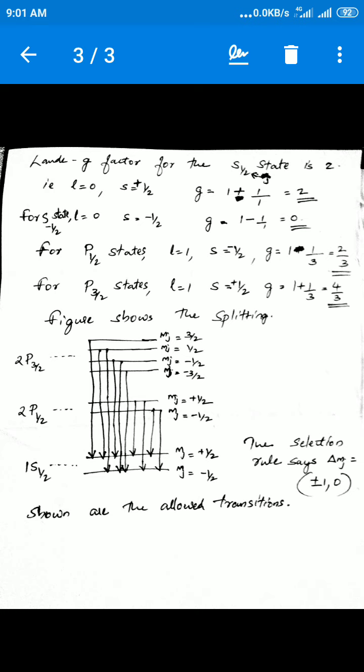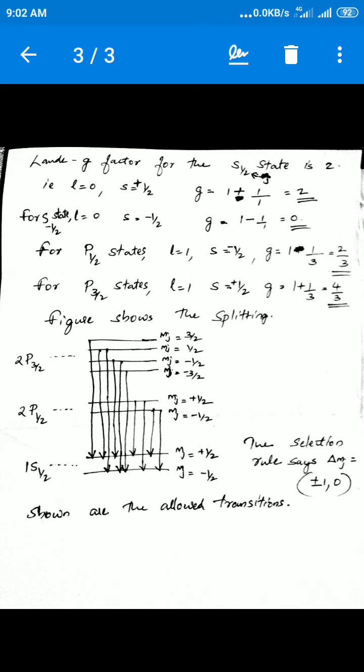You can see how the splitting happens: if you know J, the splitting happens from minus J to plus J. Mj will vary from minus J to plus J. So here 1S half has J which is half, so minus J is minus half, plus J is plus half. So it can split into only two states, plus half and minus half.